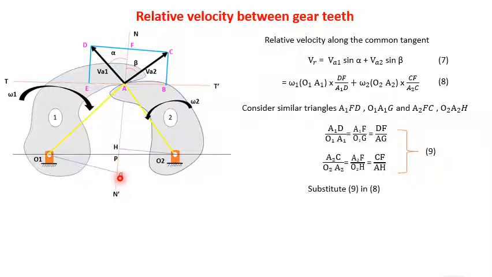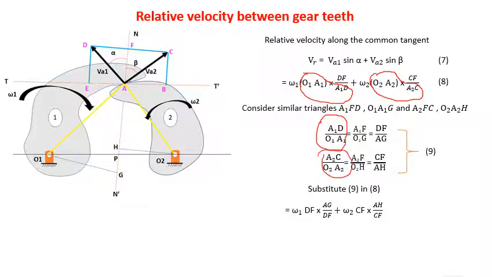Now substitute equation number 9 in 8. What happens if I substitute this? Here we have O1A1 divided by A1D, so in this place I am going to substitute DF by AG. Similarly here we have O2A2 divided by A2C, so I am going to replace this term by CF by AH.